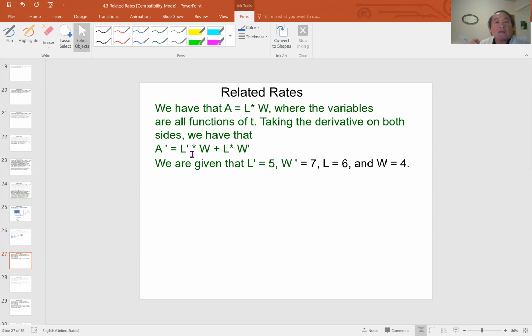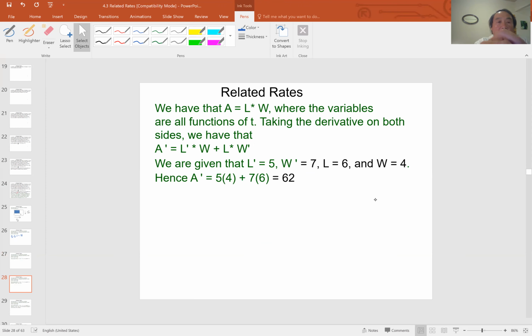The rates of change in the length and width are given as 5 and 7, and the w and the l mean at that instant how large is the rectangle, which was 6 by 4. So you plug the rates they are changing and the size into this equation, then you get the rate of change dA/dt.